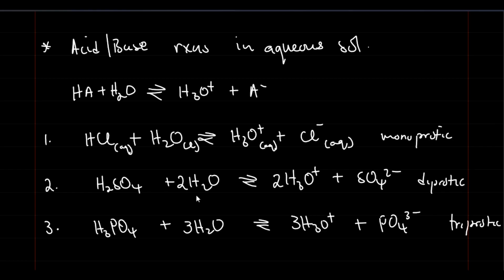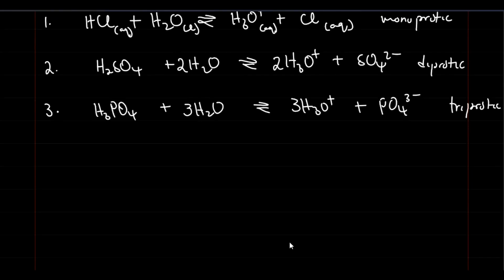You put 2 on water, you put 2 on hydronium. And if you have triprotic, it can donate 3, and if it can donate 3, you're going to need 3 water molecules, and if there are 3 water molecules, there must be 3 hydroniums. Okay, so that's all there is to it.